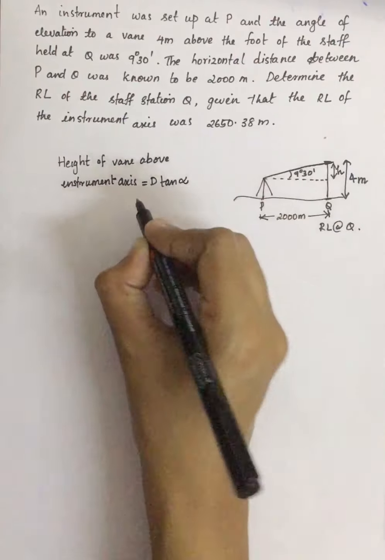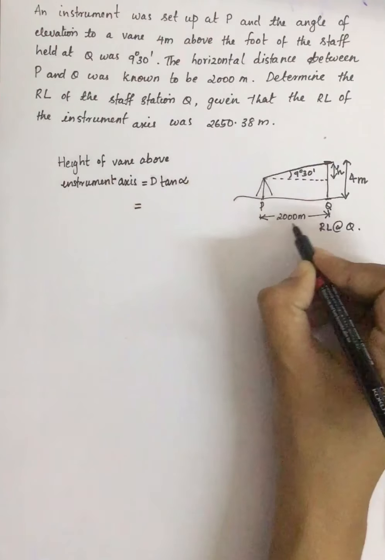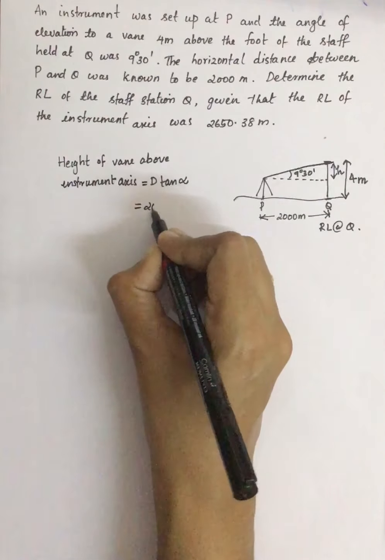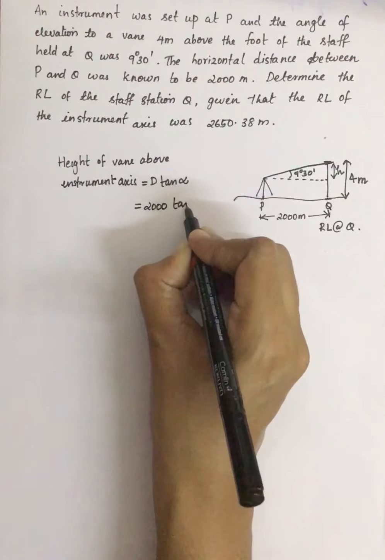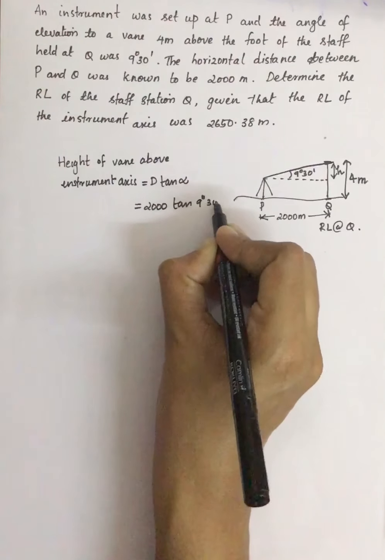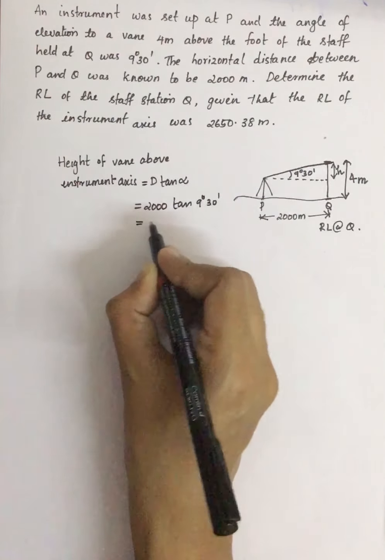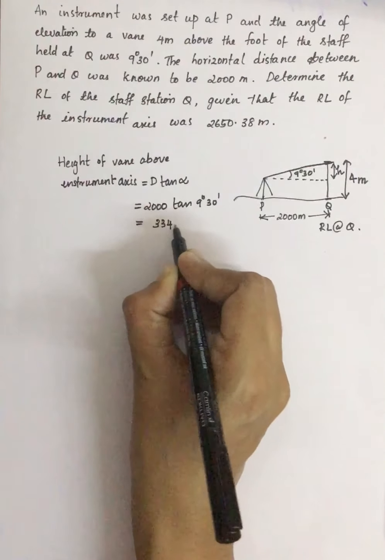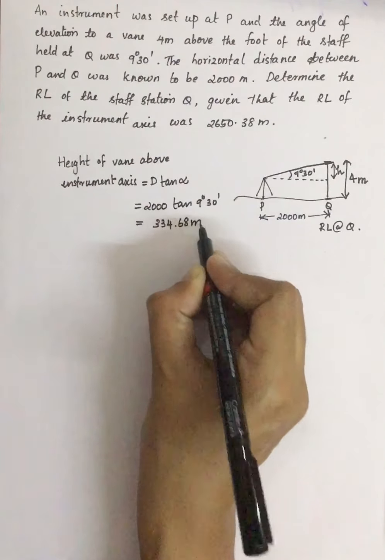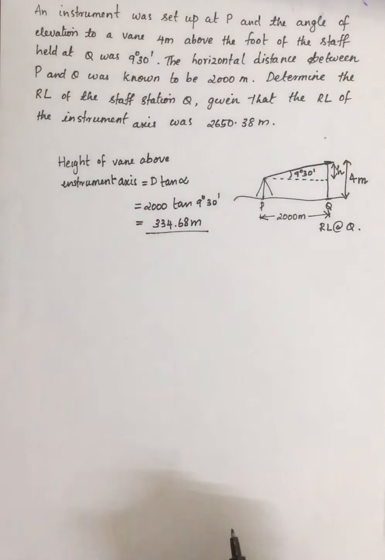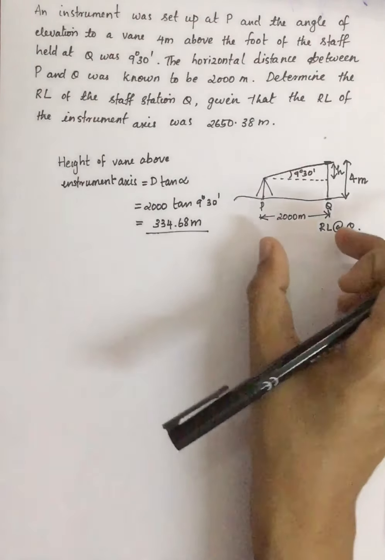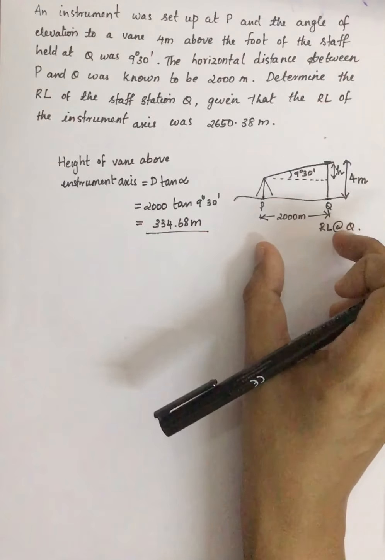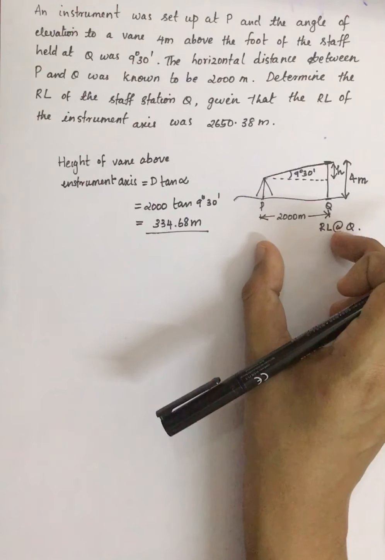Alpha is the angle of elevation, d is the distance, so it is 2000 tan 9 degree 30 minutes. So when you calculate, you will get it as 334.68 meters.